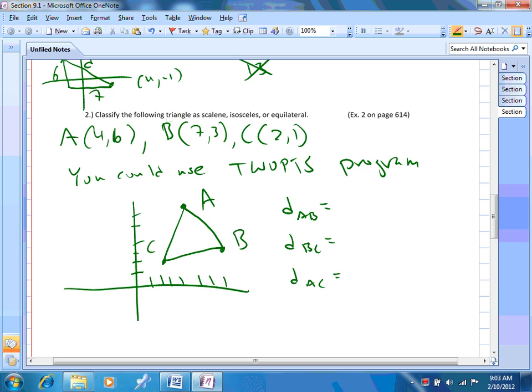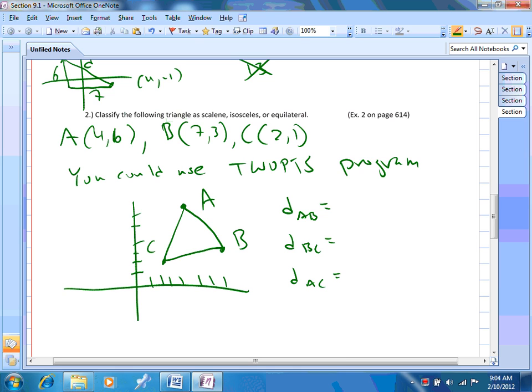On the 2 points program, it asks for A and B. The way it works is that A and B are x1, y1, and C and D are x2 and y2. You could calculate 3 times, but it's a very tedious process.